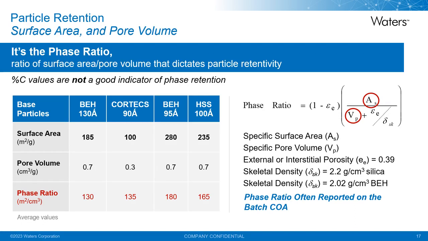And looking at this chart, you can see that you can get more retention from the BEH 95 angstrom and HSS 100 angstrom particles versus the BEH 130 and Cortex 90 angstrom solid core particles.